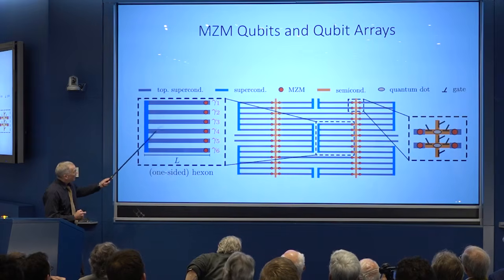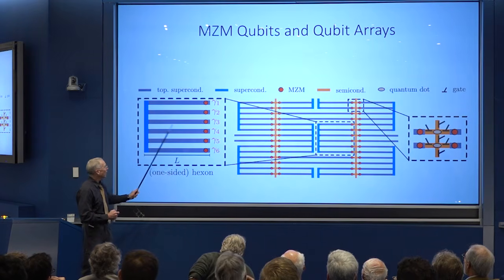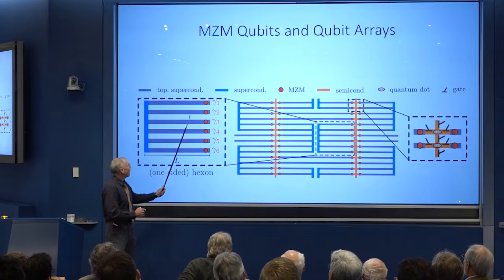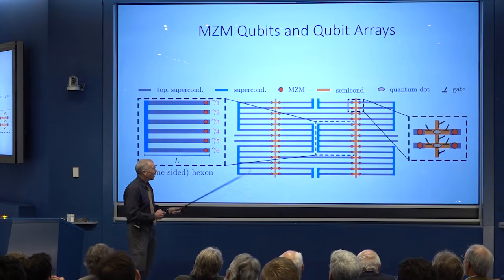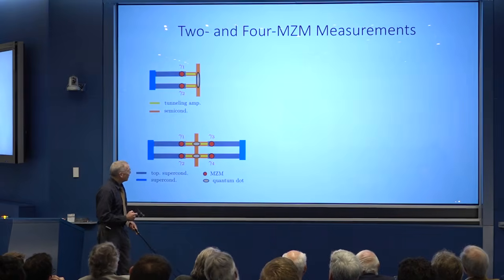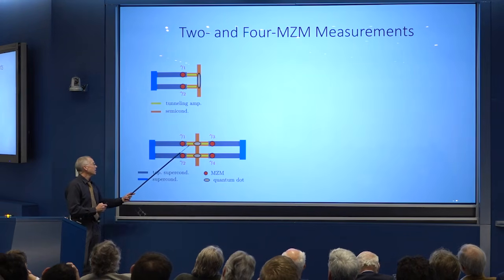We've planned out something that's sort of a periodic design where qubits, these are the Majorana modes, and these are superconducting islands, can be arranged and gated and read out by semiconductor dots.